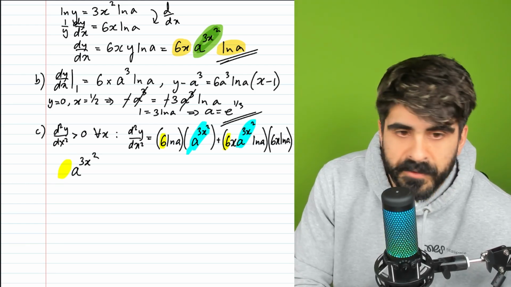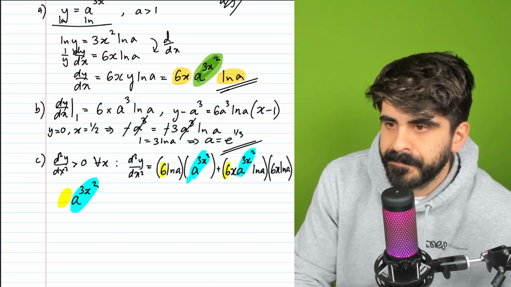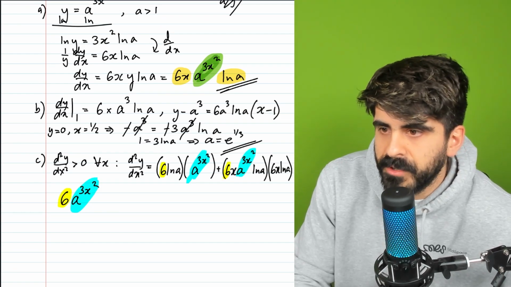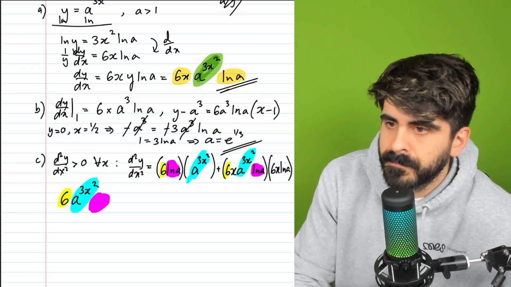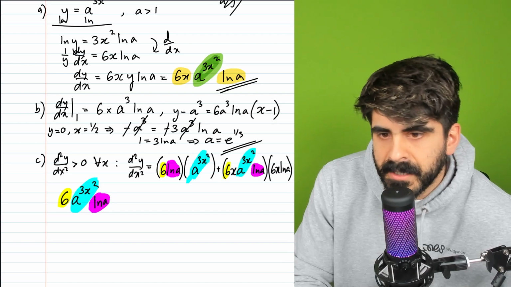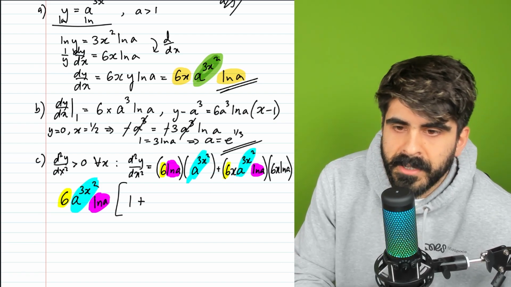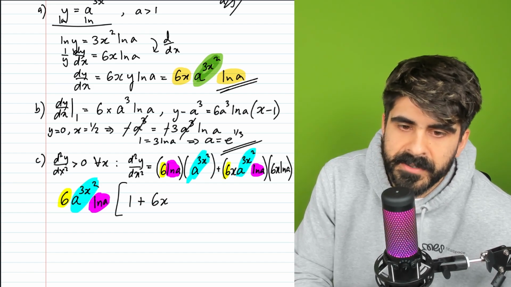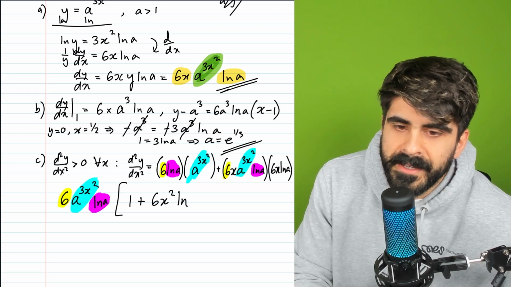This is really for me so I don't keep making mistakes. So 6. We have ln a. Seems to be it. Because then in the first bracket, we're just left with 1 plus x times 6x is 6x squared ln of a.